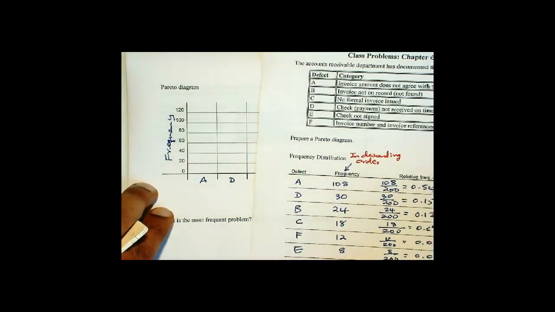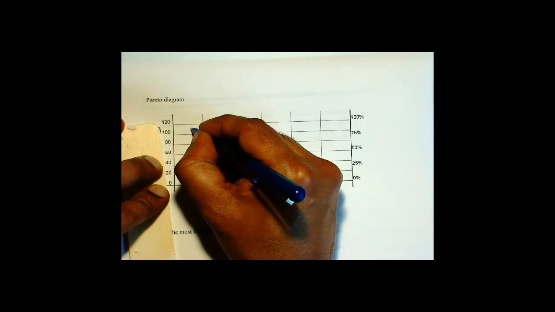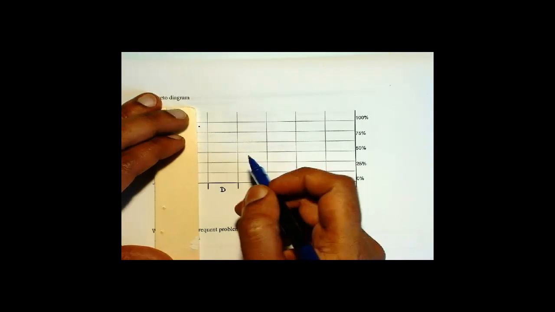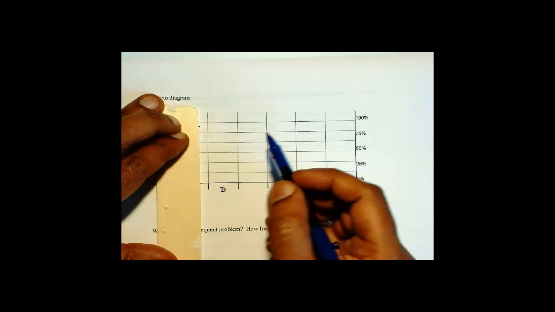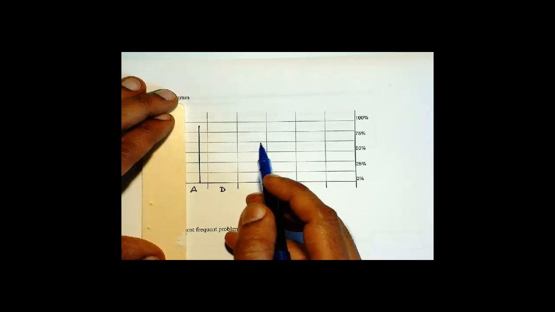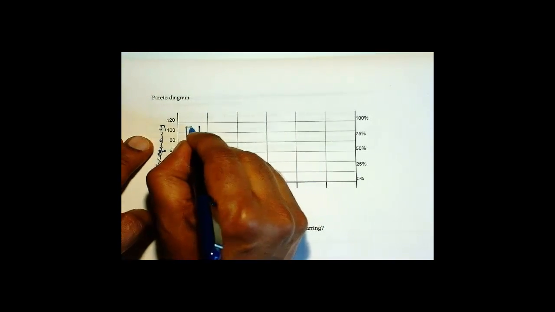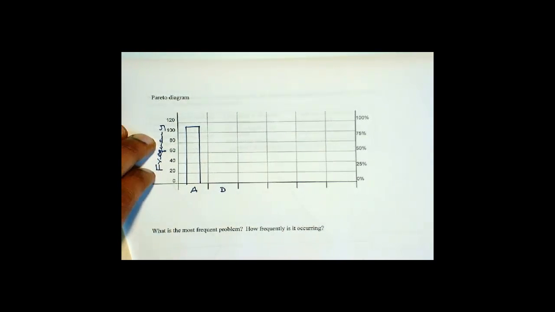Okay, let's do 108 first. I'm going to try to do this as accurately as I can. So 108 is probably about there. You need to use a ruler to be able to draw this fairly well. So that's 108.